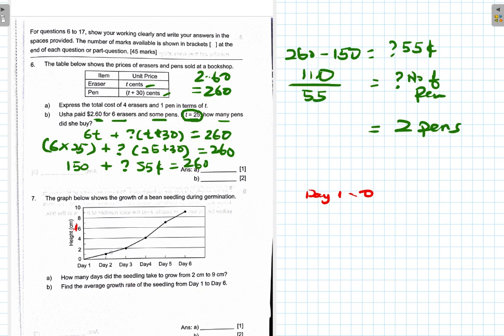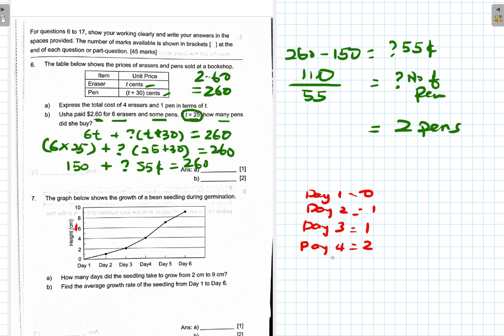Day 2 is 1 growth. Day 3 is 2 minus previous one, it's also 1 growth. Then when you go to day 4, is 4 minus previous one is 2. That means grow 2 centimeter only.